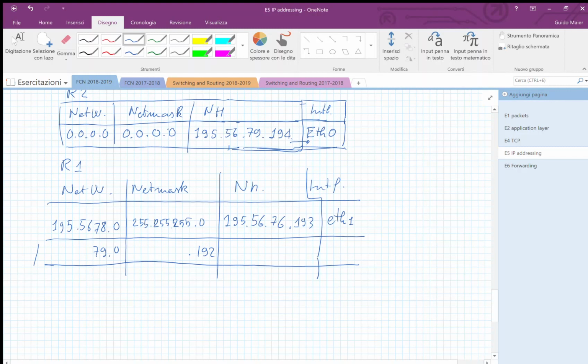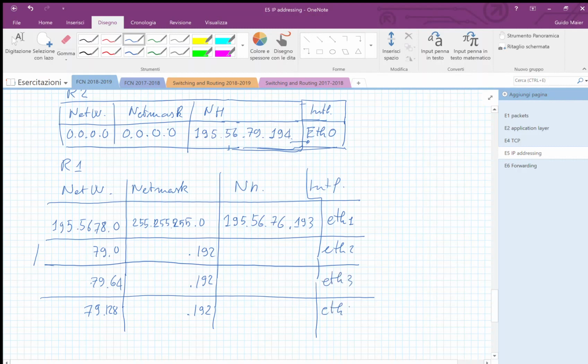I don't write the addresses of the next hops because otherwise it takes too much time. Here we will have the 79.64. The net mask is the same. 79.128. The net mask is the same. Okay.